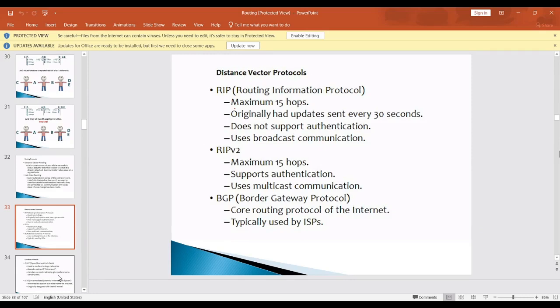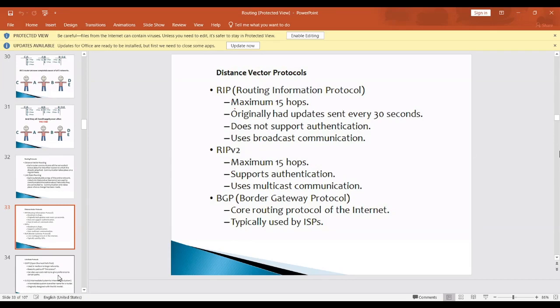So in RIP, the maximum hop count is 15. That means they can keep knowing about only 15 neighbors, and 15 neighbors means 15 routers. If you use a distance vector routing protocol like RIP, they can only manage 15 hops at once.